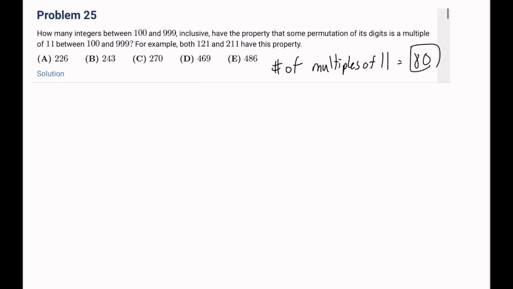And next we have to look at what configurations of digits would make an integer be between 100 and 999, right? And so we have 4 cases for that.